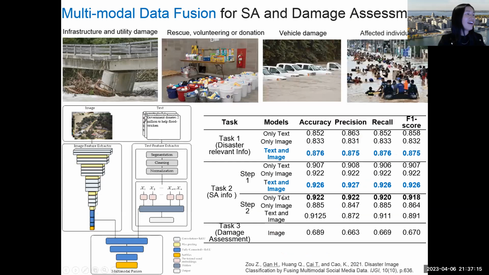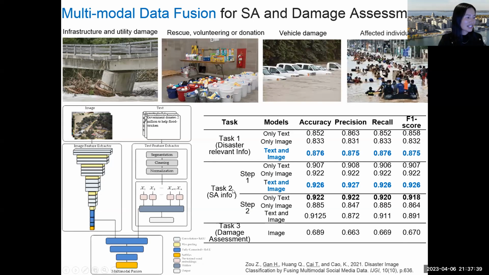The next step we did is integrate not just the image or text. We fuse them together in order to extract the disaster relevant information as well as perform damage assessment. So the first step is to integrate both text and image to extract the disaster relevant information.